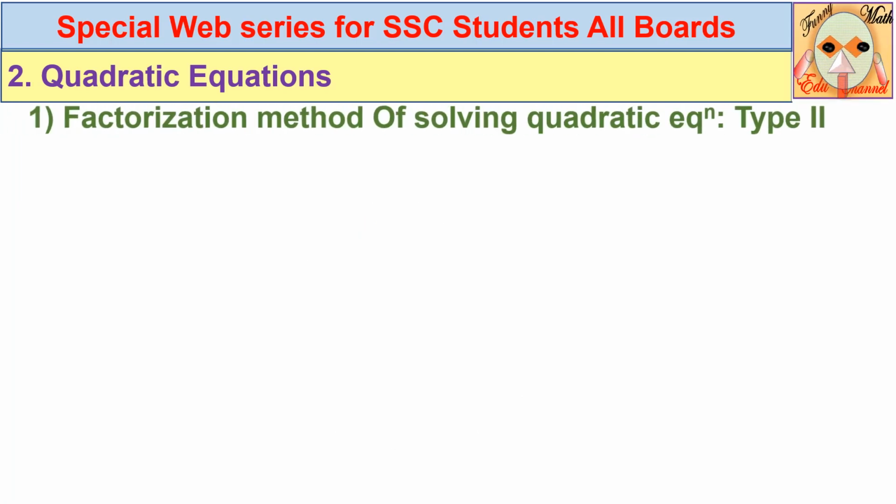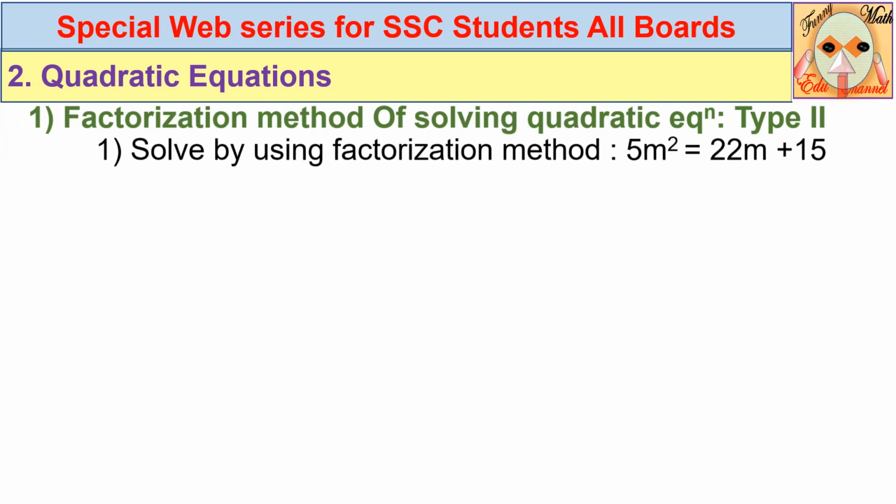Now we are going to see what type 2 is. In type 2 the question is solved by using the factorization method: 5m square equal to 12m plus 15.